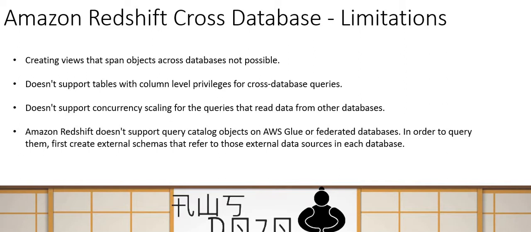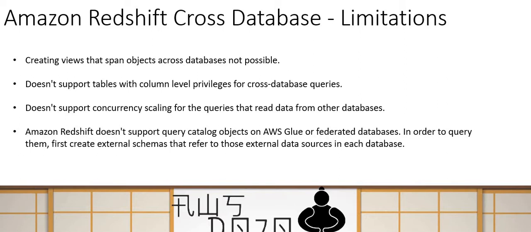And the last one is that you know that with Redshift, you can talk to other databases like PostgreSQL databases, or even other Redshift databases, or even the Glue catalog or S3 catalog. When you're trying to use these federated queries or your Glue query, you cannot club that with your data from your cross-database queries. You cannot do that.